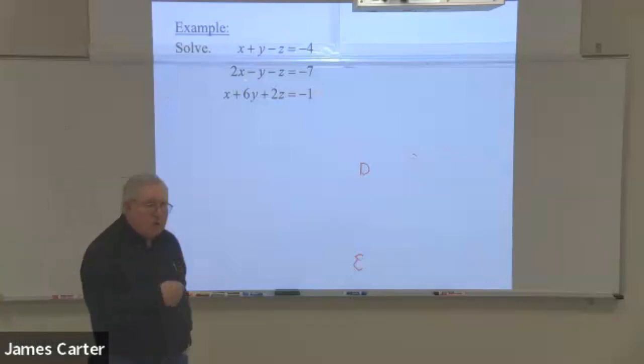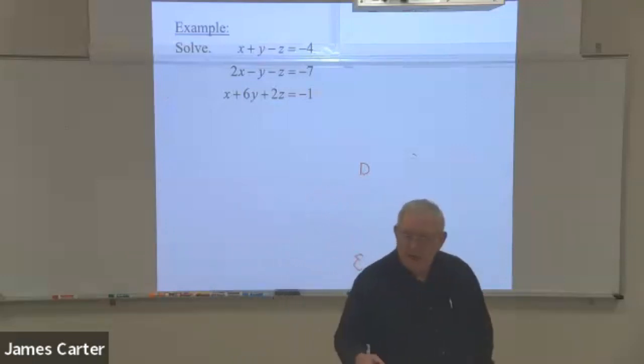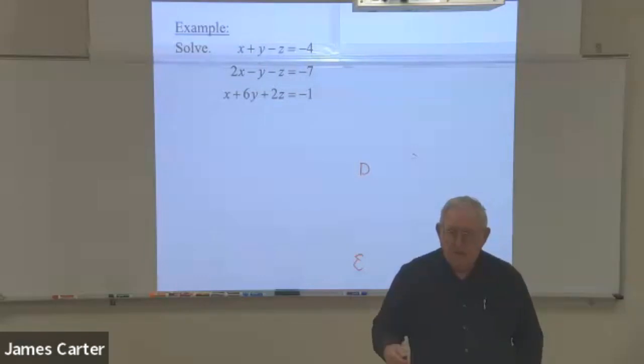Now, in this one, we will use repeated addition elimination methods, finding opposite pairs. Now, the general plan on a problem like this is you pick two equations and you eliminate one variable from those two equations, getting an opposite pair.